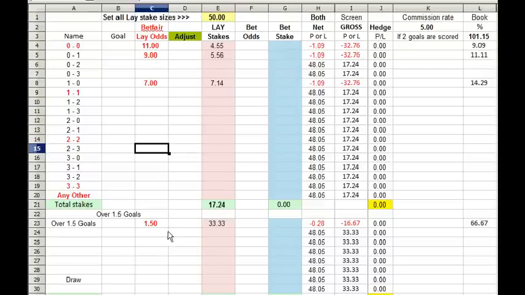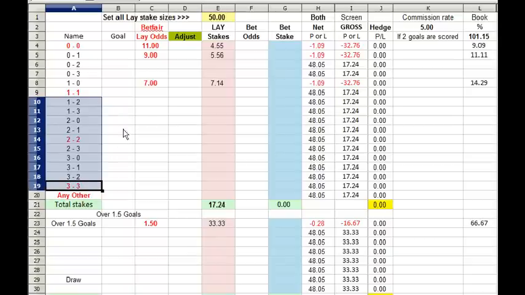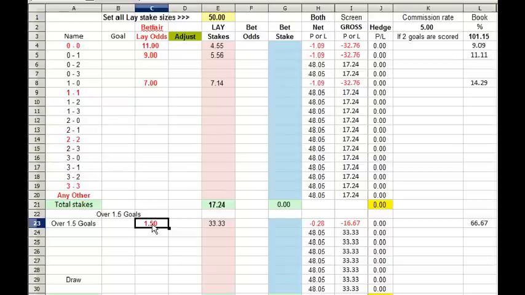Now what we could be doing, we could just lay that one first, the over goals. Of course, while the score remains 0-0, those odds of over 1.5 goals are likely to increase, because they are equal to all these other scores that are not one of these three scores, so they are likely to be increasing, so that would go up from 1.5.